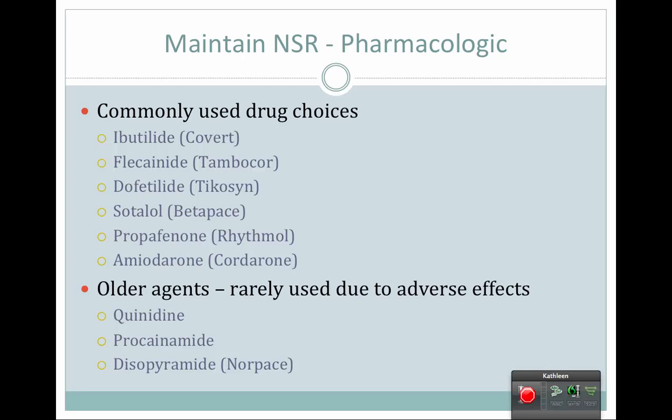For example, flecainide and propafenone are preferred in patients with minimal or no heart disease and preserved left ventricular systolic function, whereas amiodarone and Tikosyn are preferred in patients with heart failure.